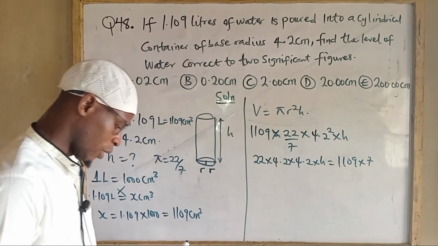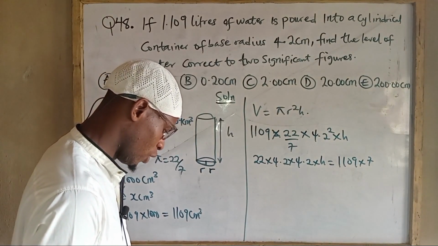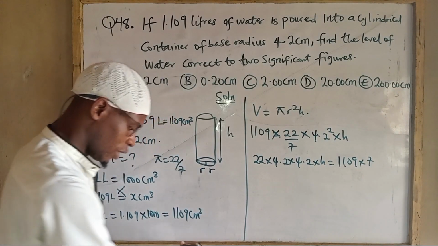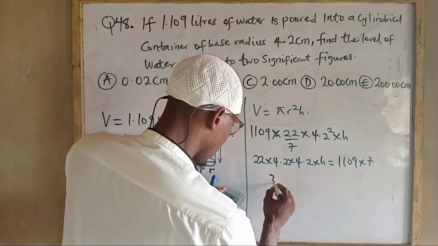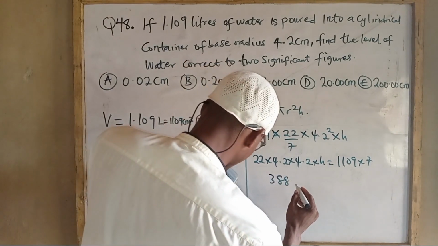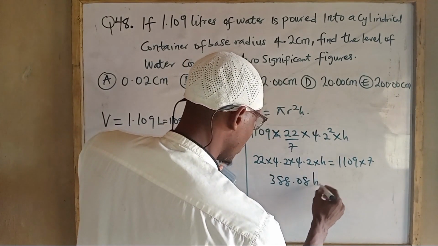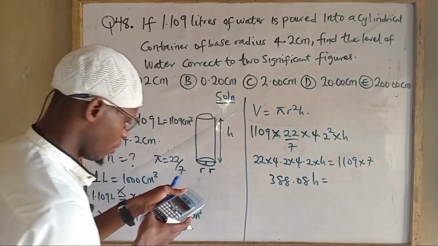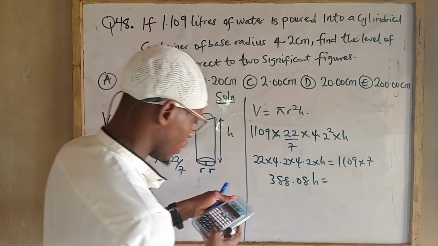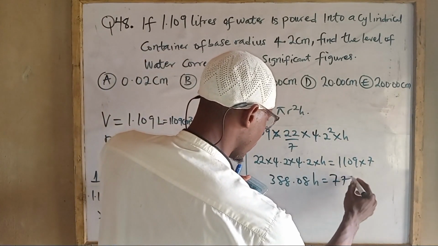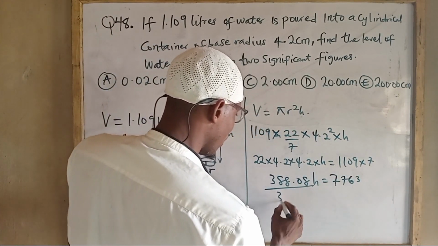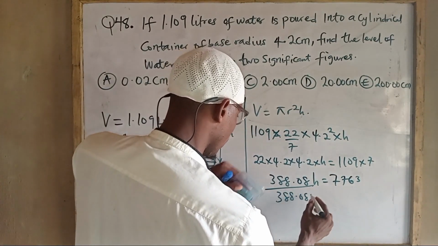That's 22 multiplied by 4.2 raised to power 2. That gives us 388.08 h is equal to, what do we have there? 1109 multiplied by 7. I have 7763. So we have to divide both sides by 388.08.